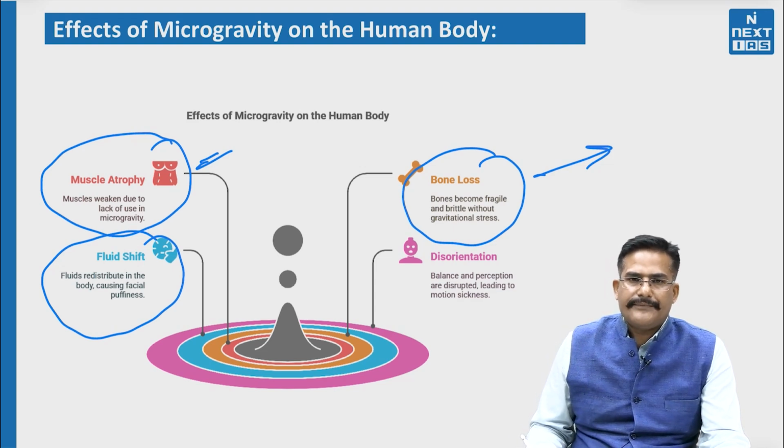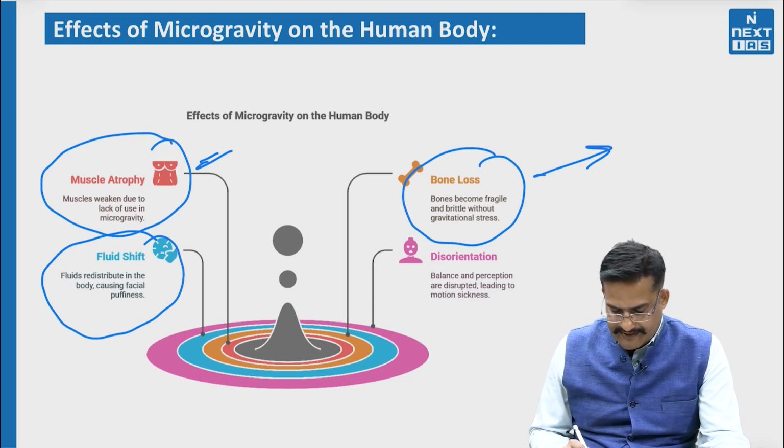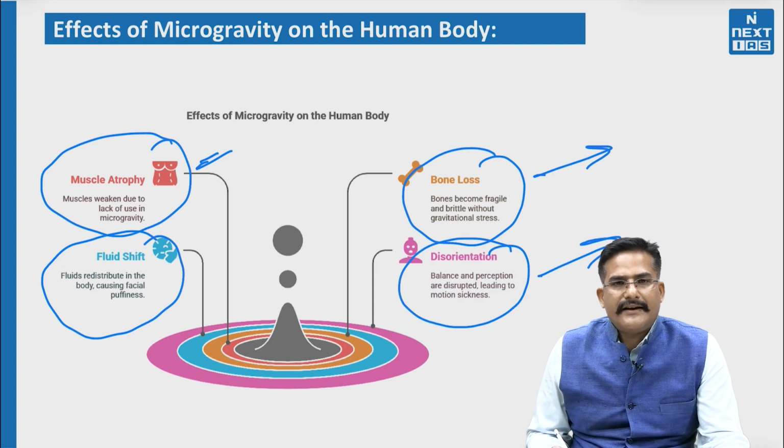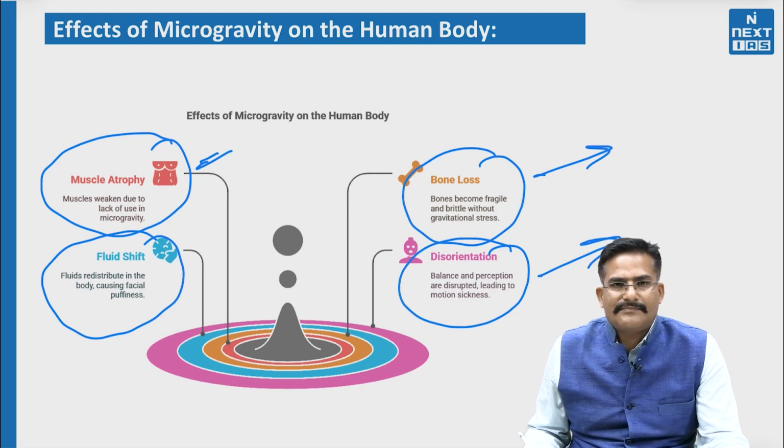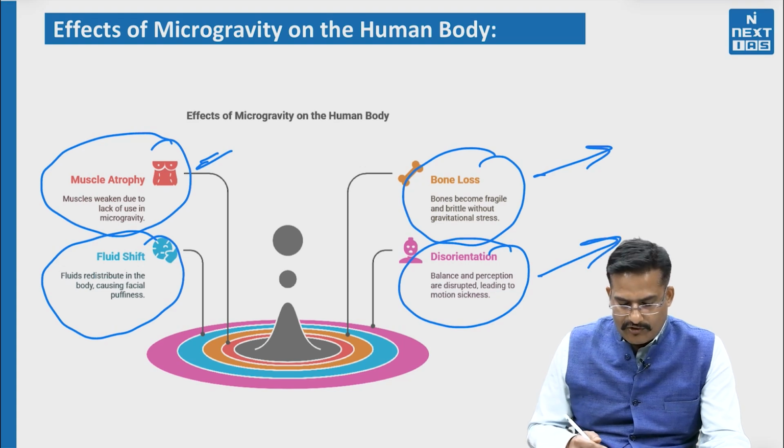That's why it leads to a reduction in bone density. Also it may lead to disorientation. That's why Sunita Williams and the commander will have to go for rehabilitation for a significant period of time, right? You might have seen astronauts returning from the International Space Station unable to even stand, because of all these issues.